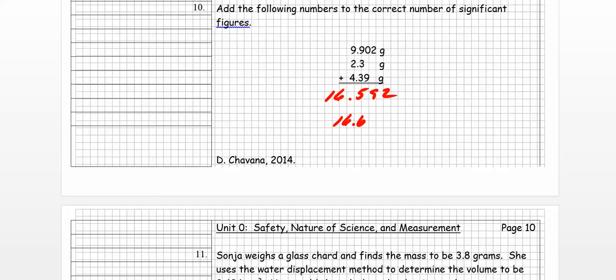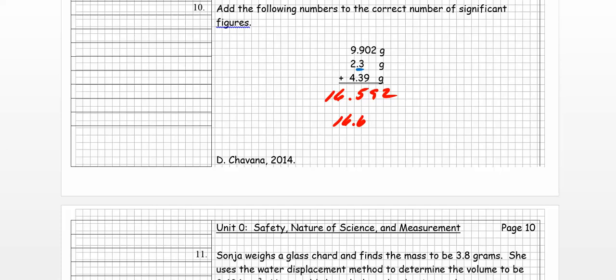So I'll let the calculator do the initial work of adding those numbers up. 16.592 is what the calculator tells me, but I have to remember that I can only go to the nearest tenth, right? Because the 2.3 is only measured to the nearest tenth. That's how I determine where to round to when I'm adding numbers.